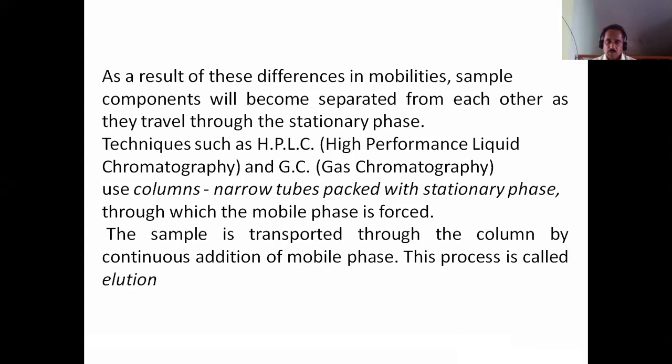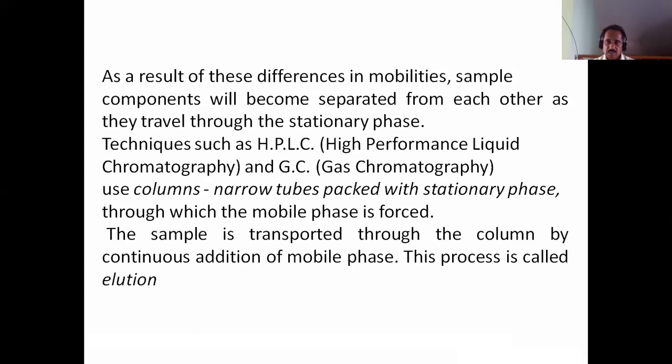The sample compounds will become separated from each other as they travel through the stationary phase. So the separation is mainly on the basis of their solubility or on the basis of their speed.